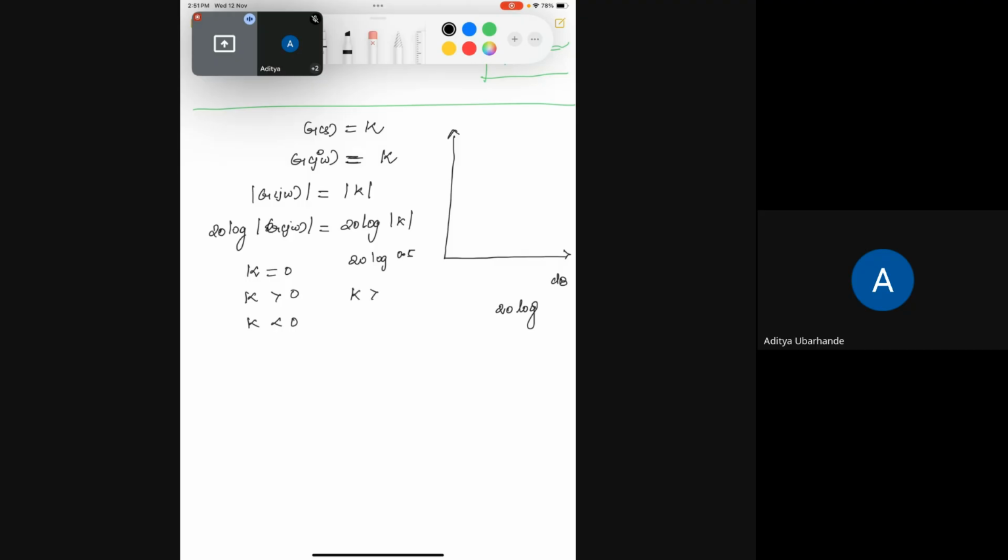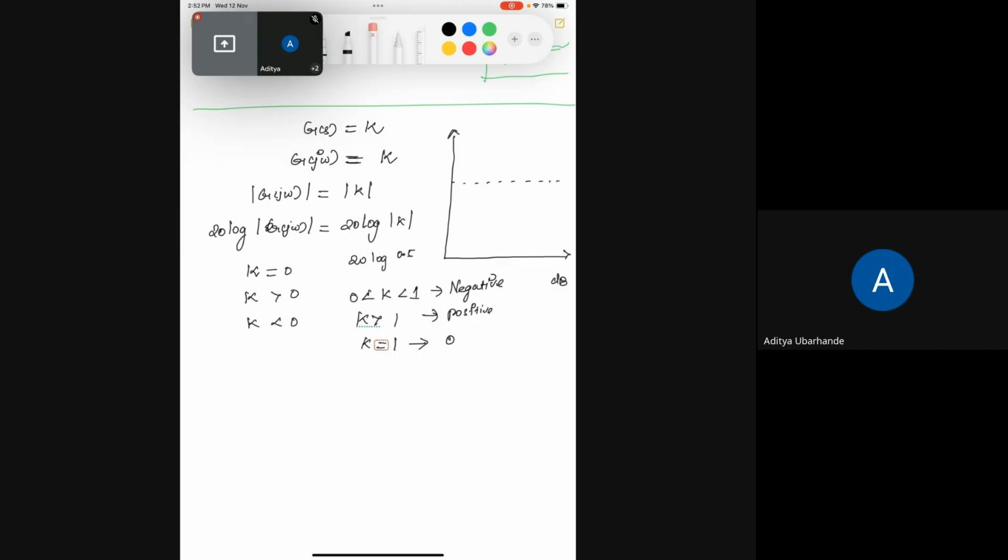When K is less than 1, this will be negative. When K is greater than 1, this will be positive. When K is exactly equal to 1, this will be 20 log of 1, which is 0. So for K exactly equal to 1, I can draw my Bode plot like this.